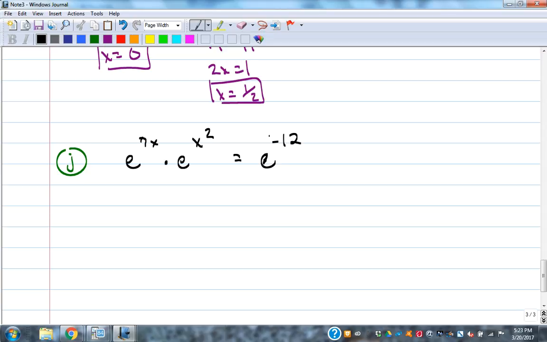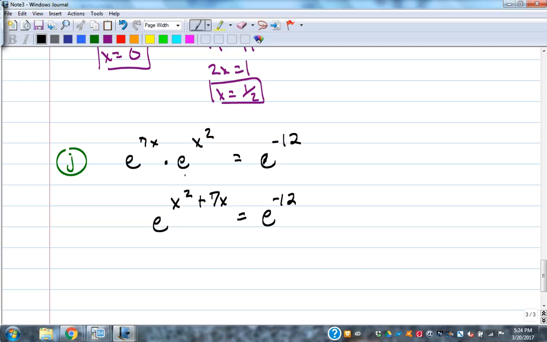There's multiplication, there's exponents on the exponents, and it looks like that's an extremely hard problem. But if you know your exponent rules, it's not. If you're multiplying things together that have the same base, what do you do with their exponents? You add them. Okay, so on the left side, that's really e to the x squared plus 7x. And the right side, nothing's really changing on that.